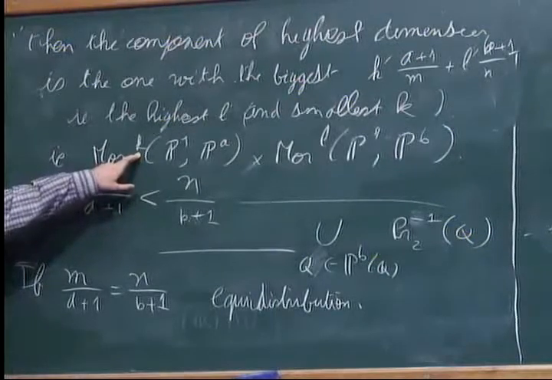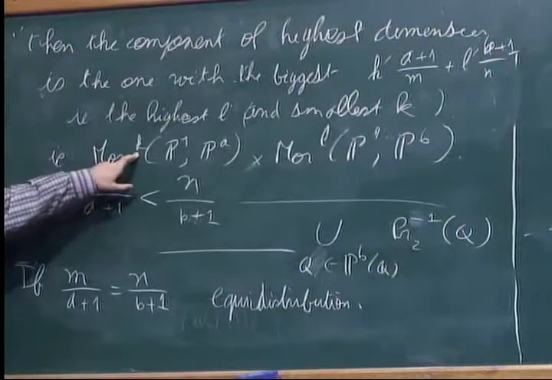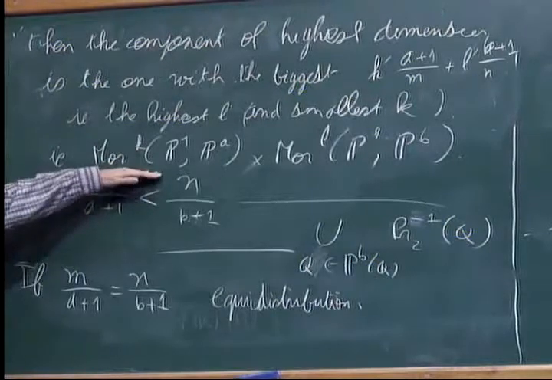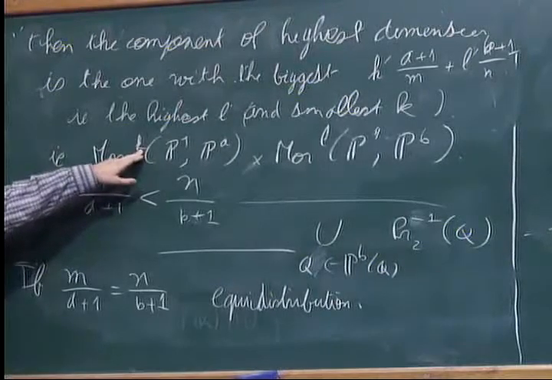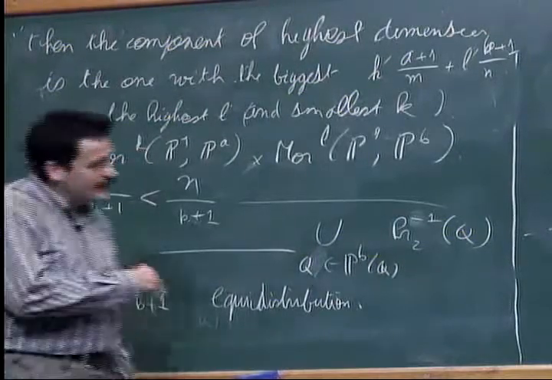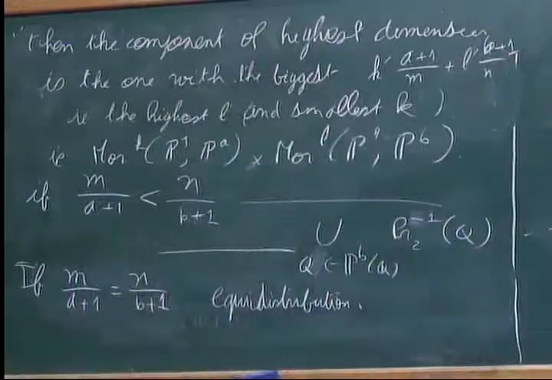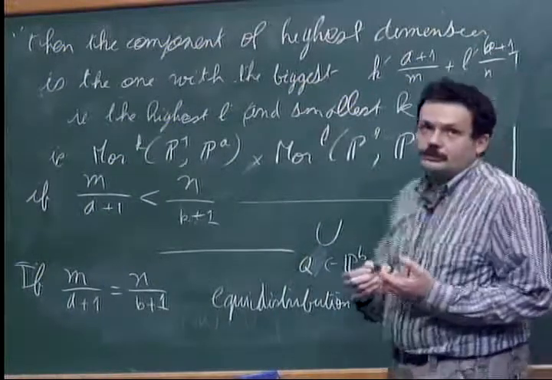I said yesterday that if you want to have equidistribution in a geometric setting, you have to have the degree as big as possible. But here I am taking one of the degrees as small as possible. So this means that at least here I won't have the equidistribution because I do not allow the k to go to infinity. So the problem we have seen in the arithmetic setting is exactly the same in the geometric setting. We can't have equidistribution if we do not allow both of the degrees to go to infinity.